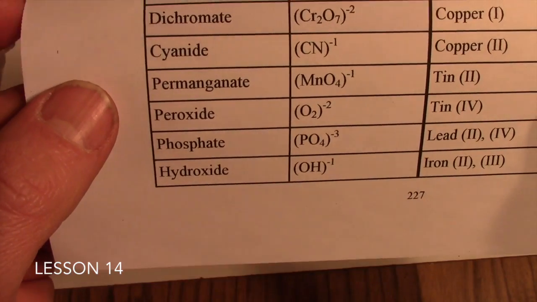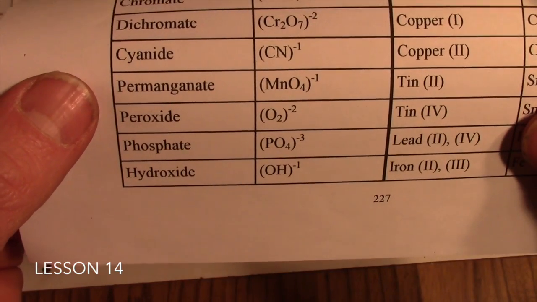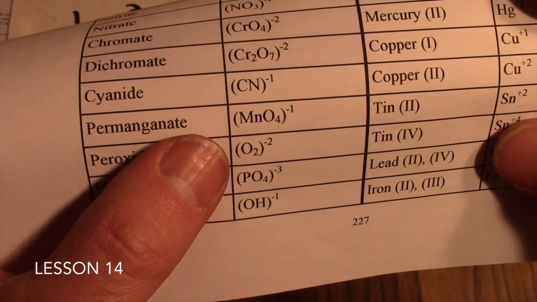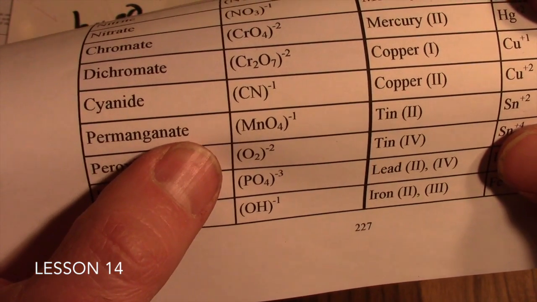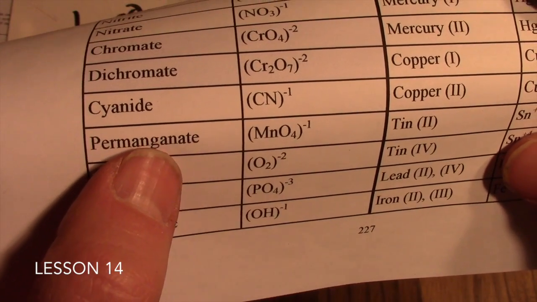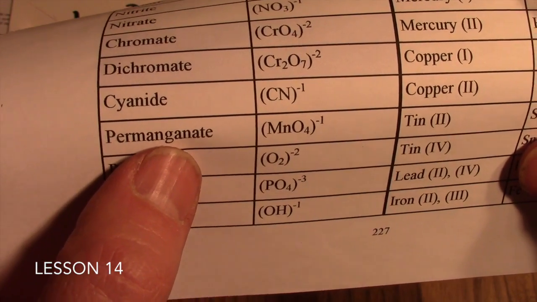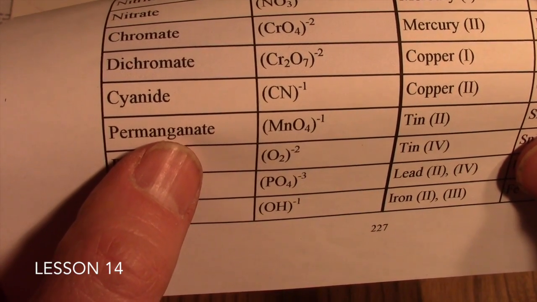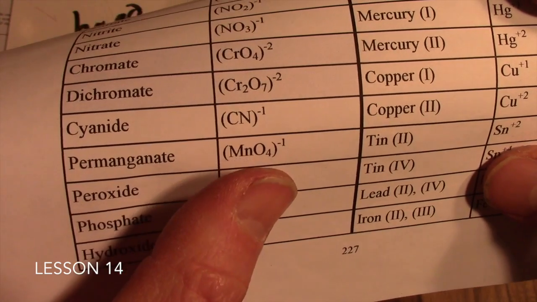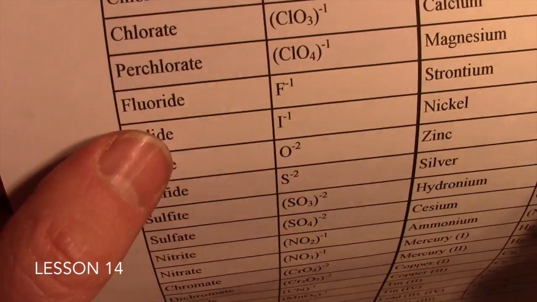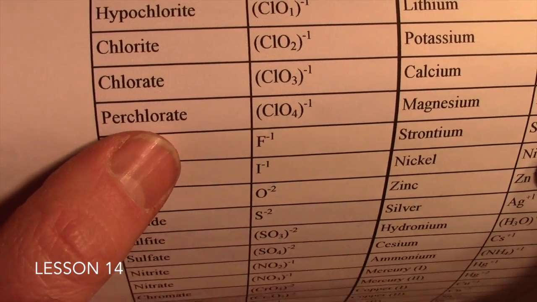Now, the next one on the list is permanganate. The ATE tells you, you bet, it's got oxygen. You can see them right there. The mangan refers to manganese. Not magnesium here, but manganese, so it's Mn. And the per out front, if we go back up on our list, remember perchlorate?